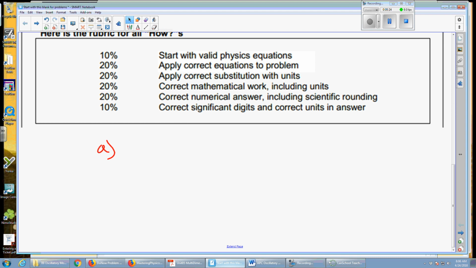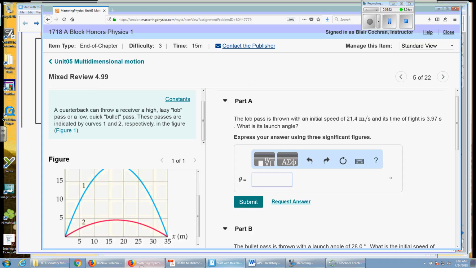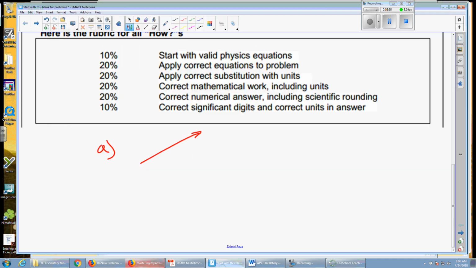So, give myself a little diagram here to start off with. My initial velocity, 21.4, at some angle, I'm going to call that theta.